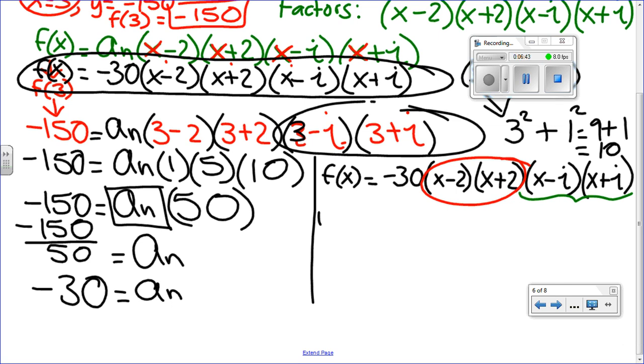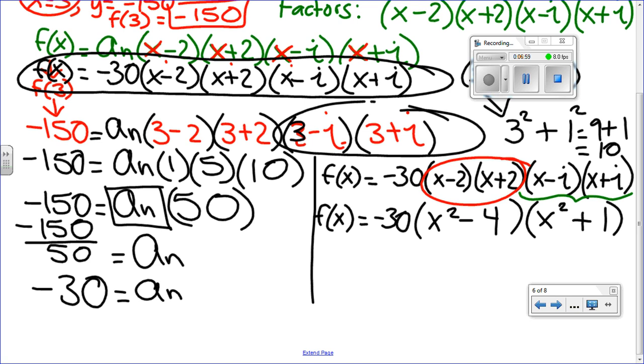So if I multiply that way, we'll get here x squared minus 4, difference of squares, and here I will get x squared plus 1. And then after that, I can multiply binomial times binomial.